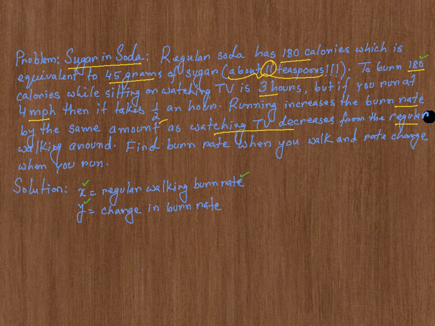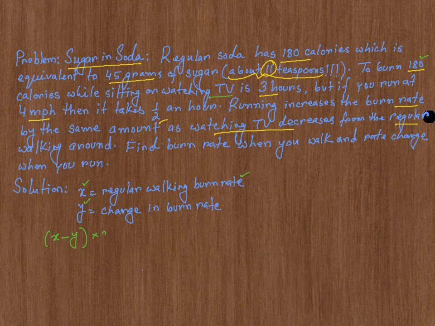So when we are watching TV, how long does it take to burn 180 calories? At whatever the rate is, you have to multiply it by 3 to get 180. When you're sitting down, your burn rate decreases: your regular burn rate is X, and watching TV decreases it by Y. So that's X minus Y, which means it takes longer to burn the calories.